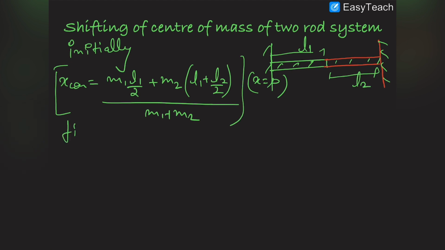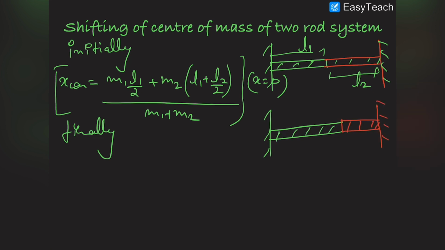Finally, when they have been shifted by a distance x, like that, then we can see that this shift is x, and finally X_COM new will be equal to m1 into the new length of this rod, which is L1 plus x, so this is (L1 plus x) by 2.